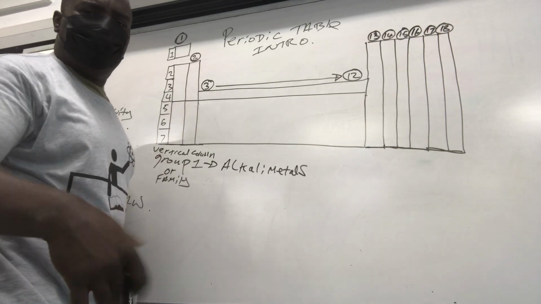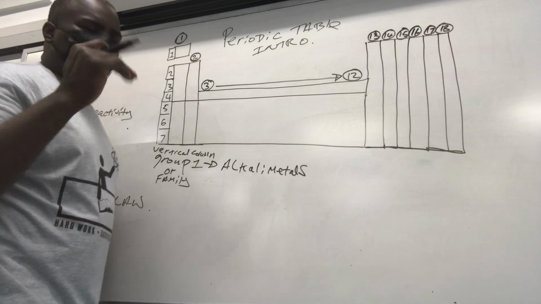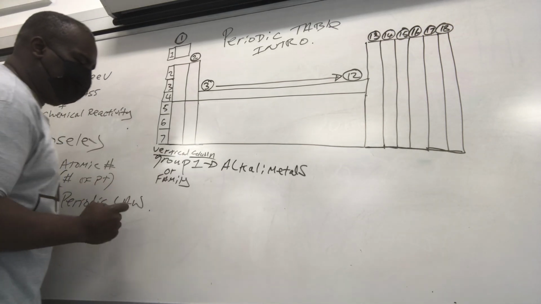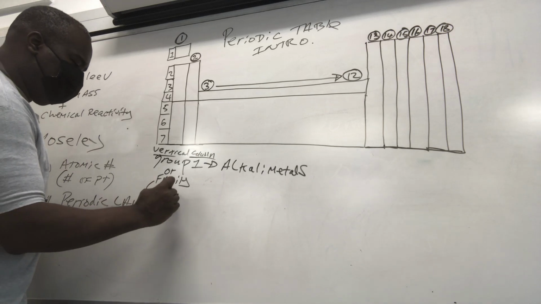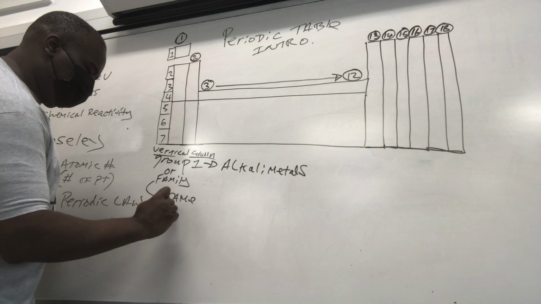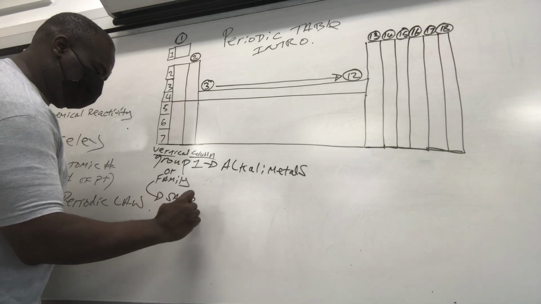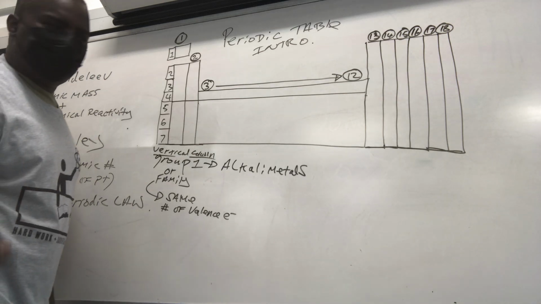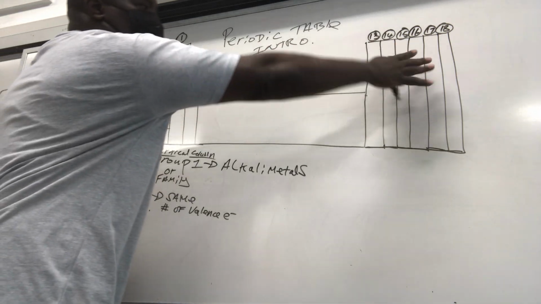Alrighty. Now, the groups or families have something in common, just like how in your family, you tend to have the same last name. Groups in the same vertical column tend to have the same number of valence electrons, especially for the representative elements like group 1, group 2, and these guys on this side right here.